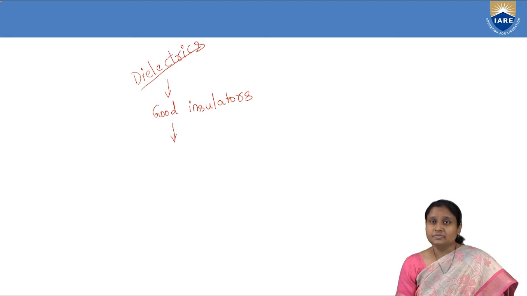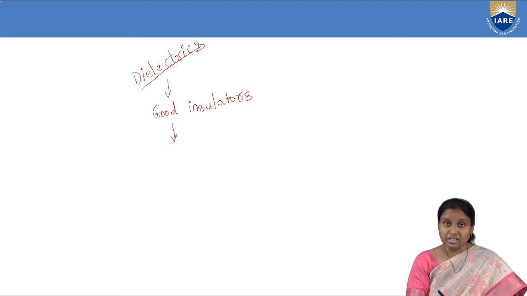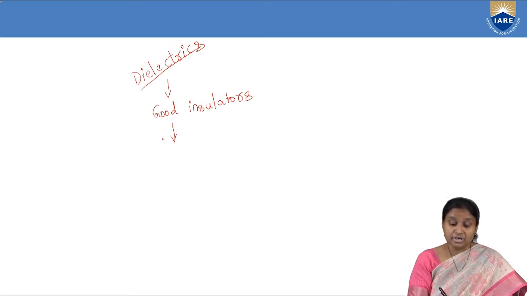What we'll observe here is, when we apply an external electric field, dielectric materials have this property of getting polarized.